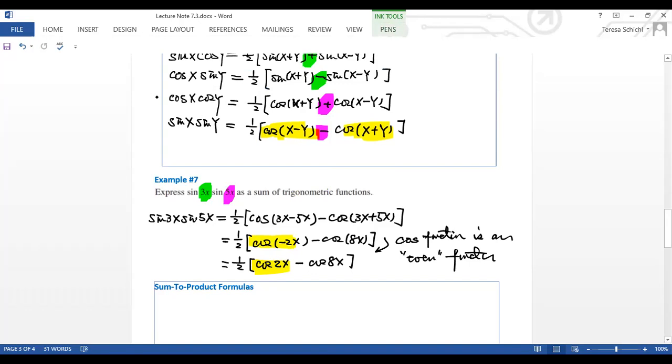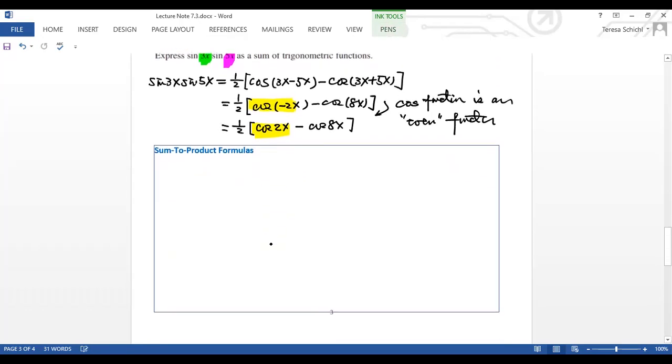The last one is the sum to the product. Let me write the formulas here. If I have sine x plus sine y, this would be equal to 2 sine of x plus y over 2, using the half angles, times cosine of x minus y over 2.